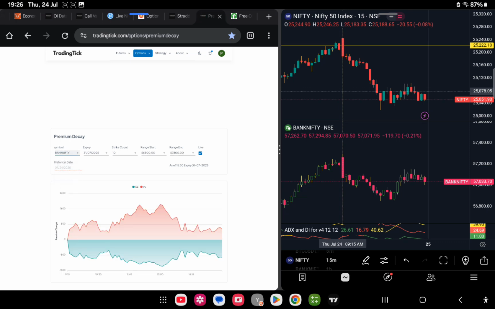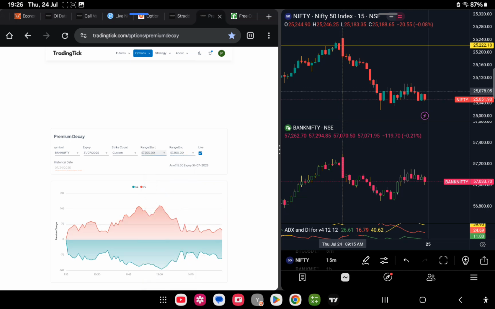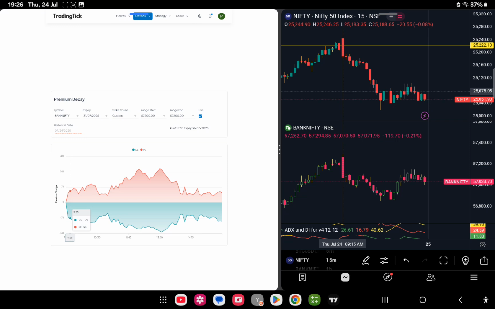Open was 57,200, so I'll take 57,200 on both sides. You could clearly see that from the start sellers were on edge, making the profit up till one point. Here is the point where buyers went into profit. As you could see, after 12 p.m. there was a good move, and then after that sellers were again in profit.